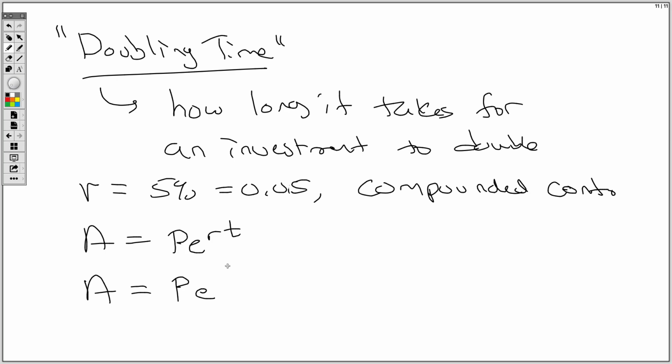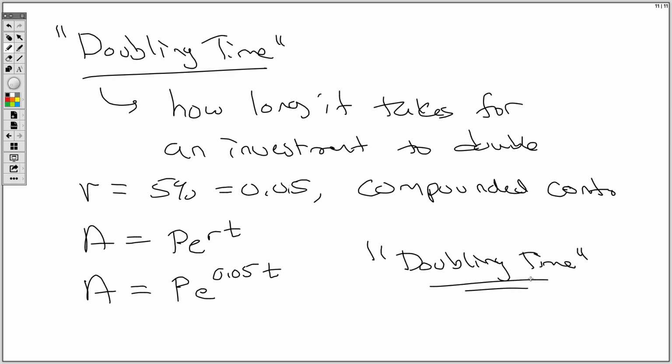And they give me the rate is 0.05 t. And we want to know what's the doubling time. All right. Now, at first you might think, well, they didn't tell me how much I'm initially investing. So let's investigate this.